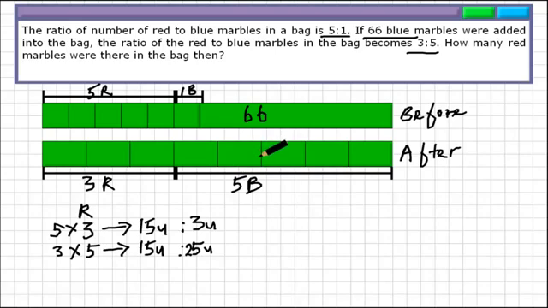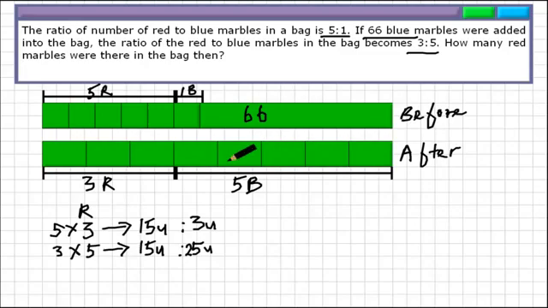Okay, to do that, we take the blue portion of the model and compare them. So we take the blue portion of the after model and minus the blue portion of the before model, and we will get the relationship that we want.